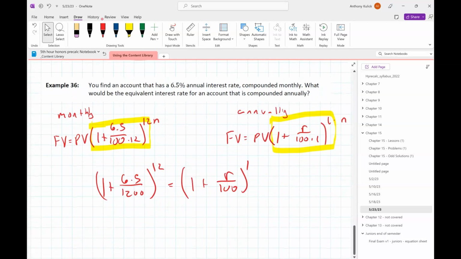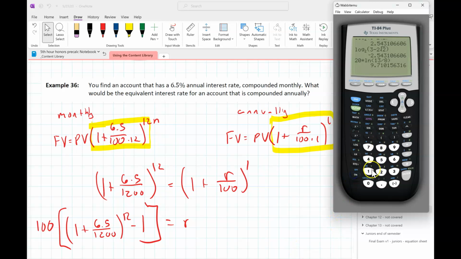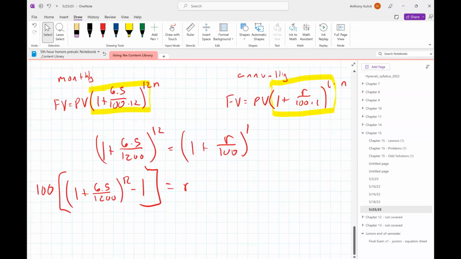So to solve for r, I'm just going to subtract 1 from both sides and multiply by 100, because there's no need to use a radical or anything, because it's just to the first power there. So I get about 6.70.